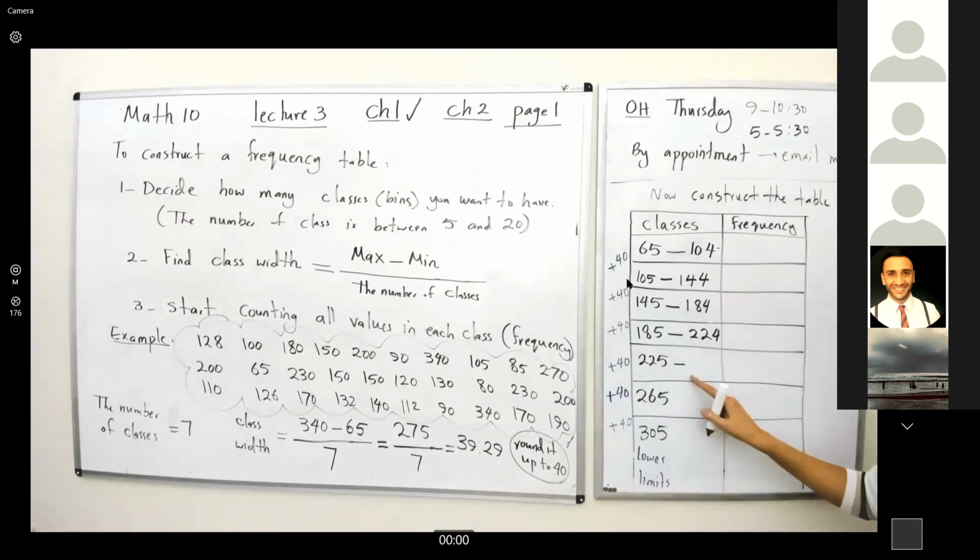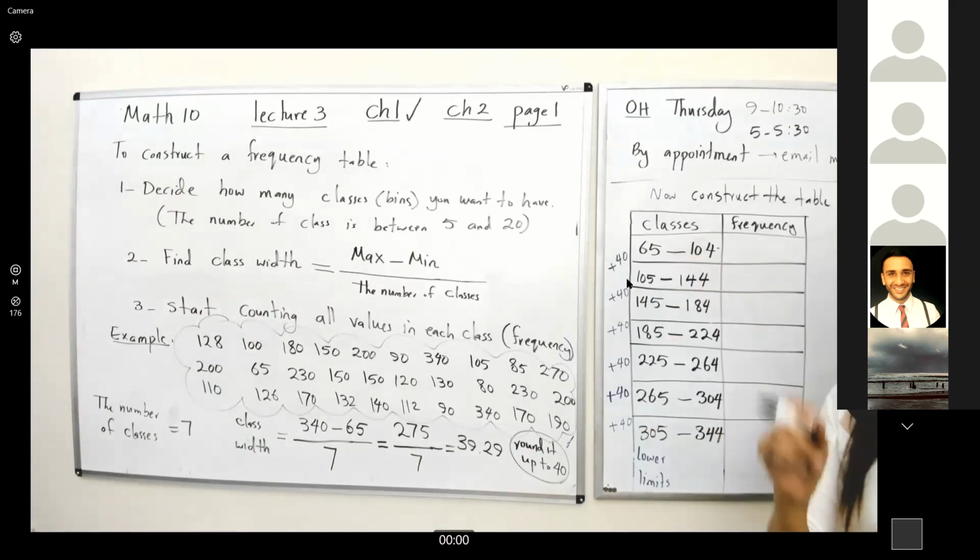Then next class, 264. Next class, 304, and 304 plus 40, 344. We have 7 classes. Our next step is to count the number of values in each class.